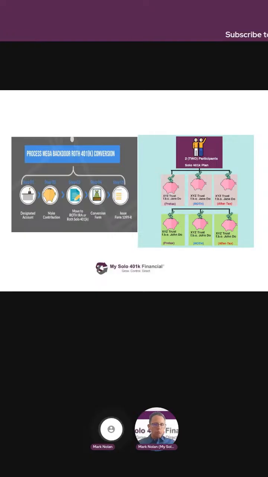It's still one plan, which is sponsored by the same self-employed business, and you each have separate bank or brokerage accounts under that same plan to hold your respective funds. This is an example of where you would have 6 separate holding accounts, 3 for each spouse: pre-tax, Roth, and after-tax. Of course, you don't have to make all these contributions every year, but the plan allows for all these contribution types, and you don't lose that feature by not making those contributions.